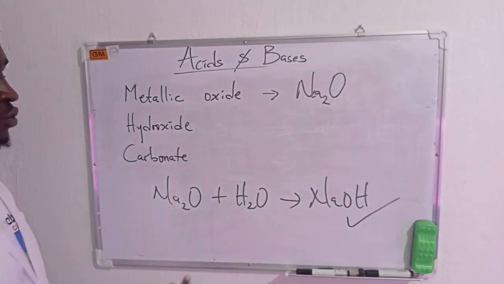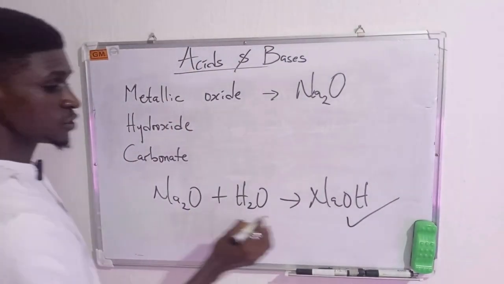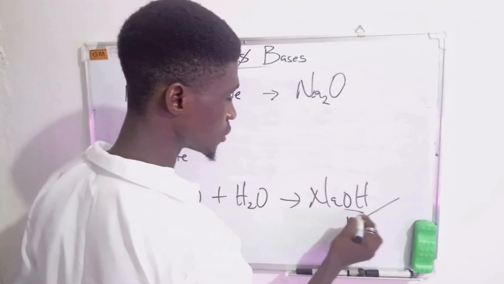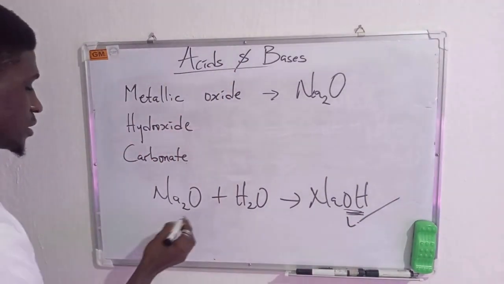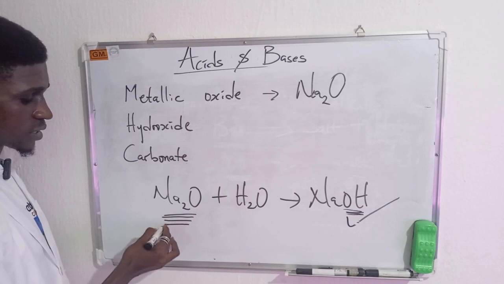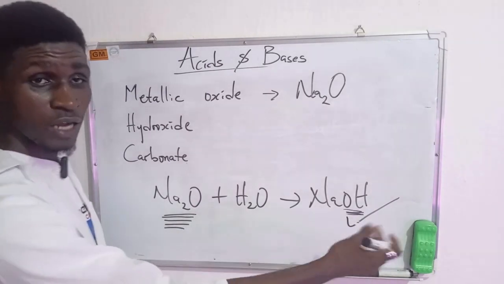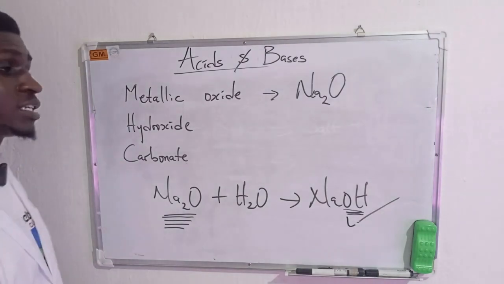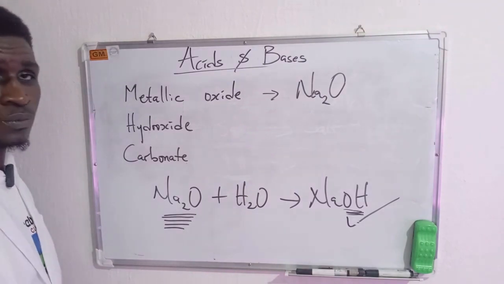Are you getting it? So it does not limit the definition of base to what produces hydroxyl ion. However, you can also say that a base is any substance that when you dissolve in water produces hydroxyl ion.